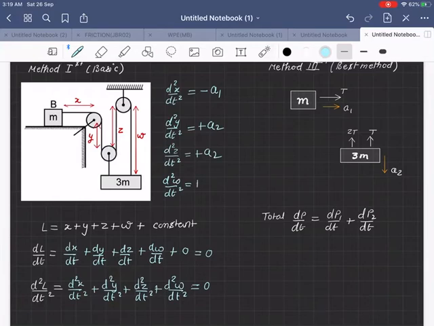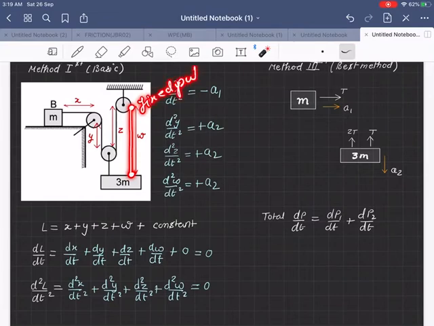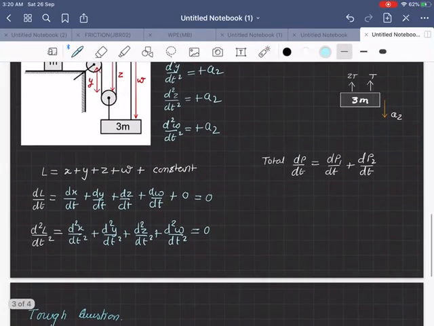And similarly for w, we are going to get the same thing, a2. It is similar to z. Again we have 2 points here, this point is fixed because of the fixed pulley, and that point is attached to the block moving with a2 acceleration, so it will increase z, that's why plus.